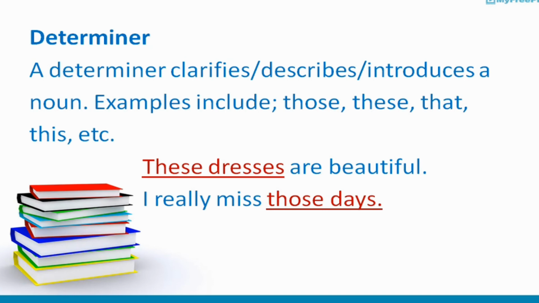And these is a determiner that describes the dresses. The second sentence, I really miss those days. In this sentence, those days is the object, and in this object, the word days is a noun, and those is a determiner that introduces the noun days. That's why we call it a noun phrase.